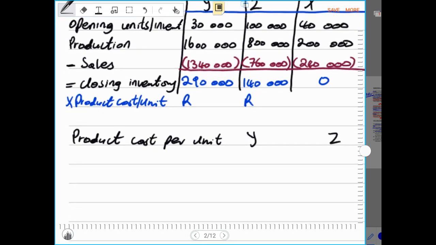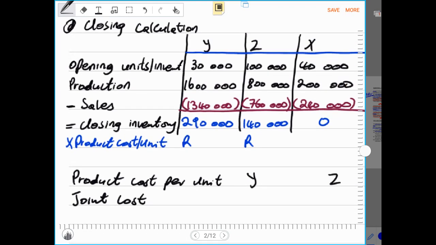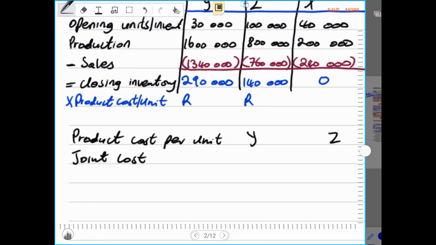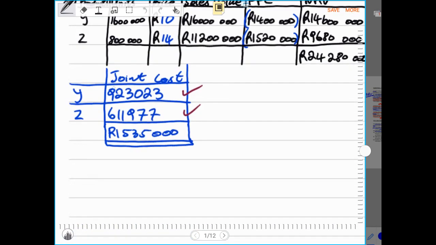And we know that our product cost per unit is made of the joint cost. Our joint costs were allocated already, but they were given in total. We do have our joint cost, but this is the total joint cost.